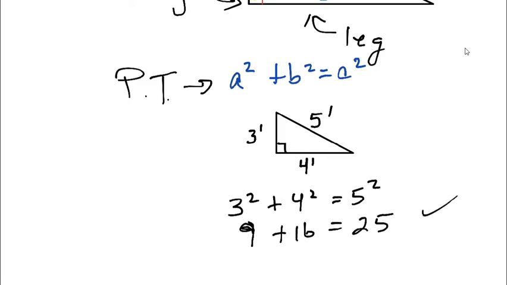And if I told you that this was a right triangle and you didn't know the length of one of the legs, but you knew the other leg and the hypotenuse, you could figure out the missing leg by using the Pythagorean theorem.